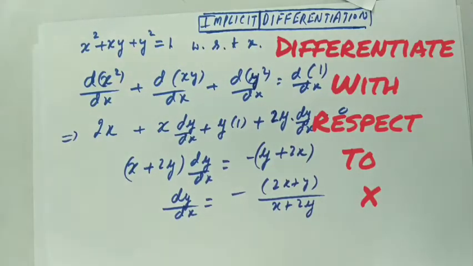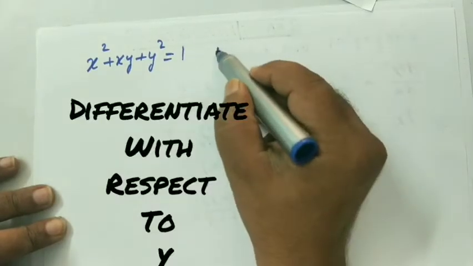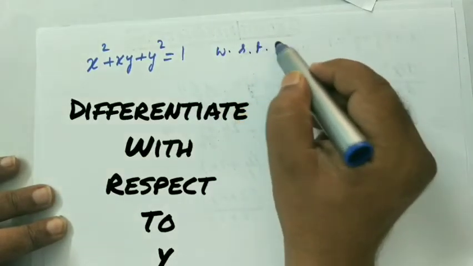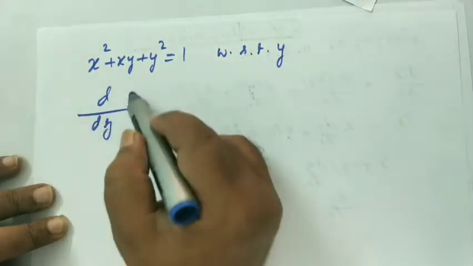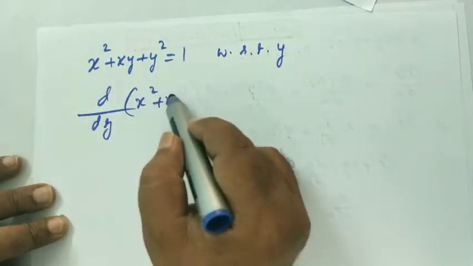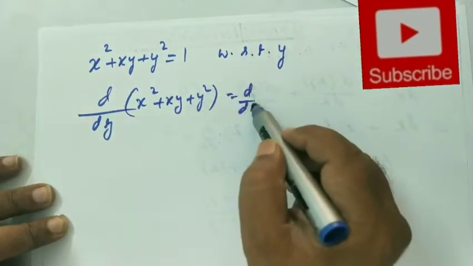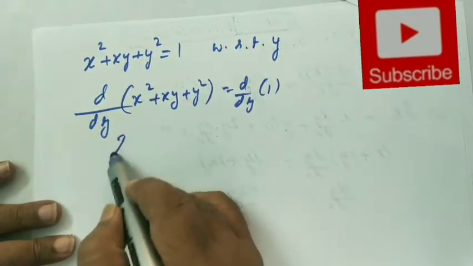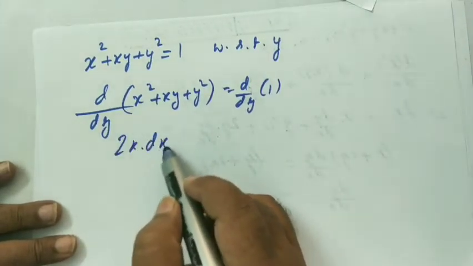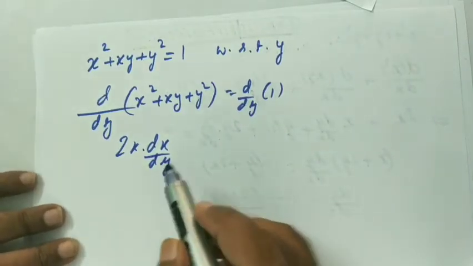Likewise I can differentiate also with respect to y. This time I'll differentiate with respect to y. So d by dy. Now this is x, so 2x, I am going to write dx by dy because I am differentiating with respect to y.